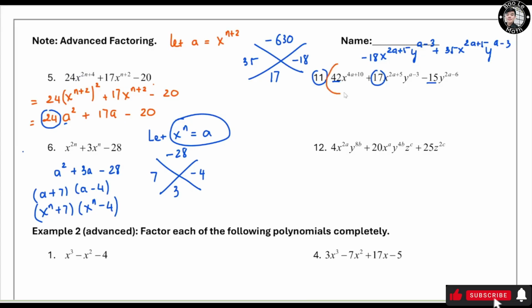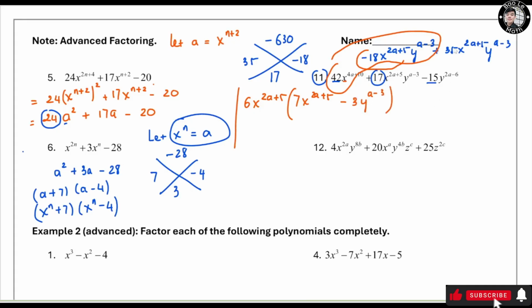Now I'm going to group these two terms. I'm going to factor out the common factor, which is 6s raised to the 2a plus 5. The first term has 7s raised to the 2a plus 5 left. The second term has negative 3y raised to the a minus 3.